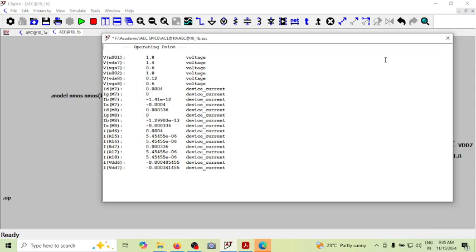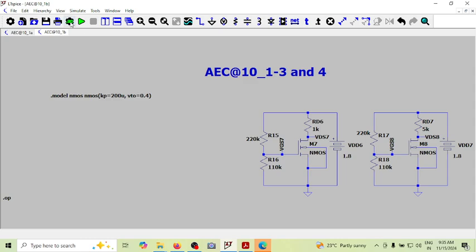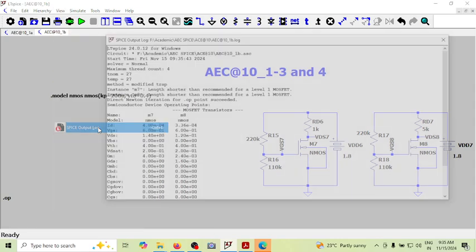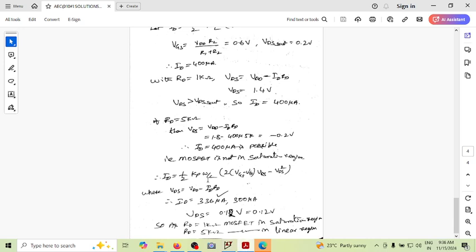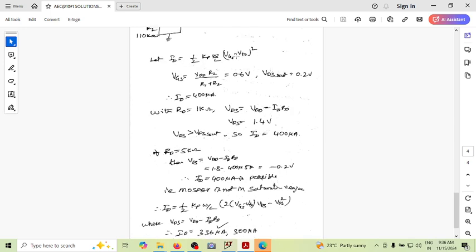Now let me close this, go to View and Output Log. See here, can you see this is 4 into 10 power minus 4, which is 400 microampere. Can you see it is 3.36 into 10 power minus 4, which is 336 microampere. So in the solution we got both answers, 336. Of course here it's only one answer, since you didn't have any ambiguity.